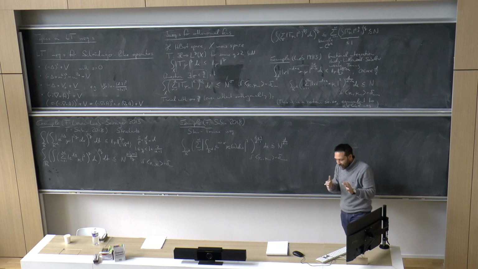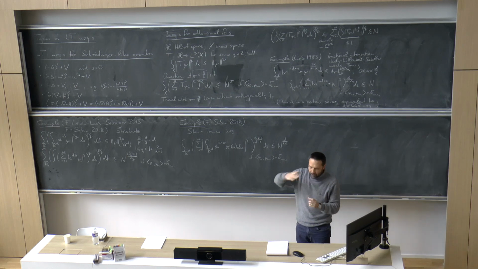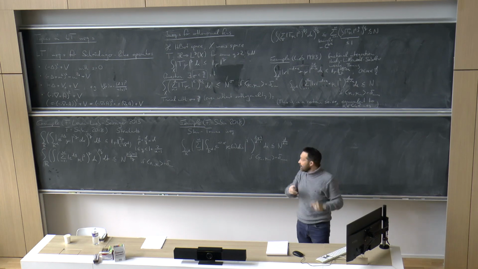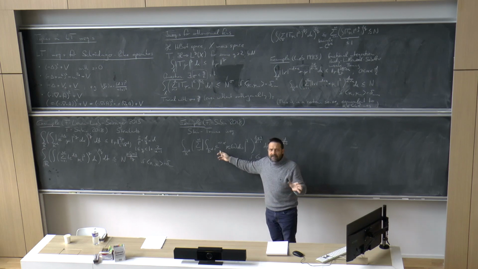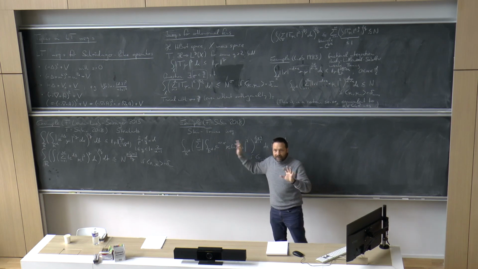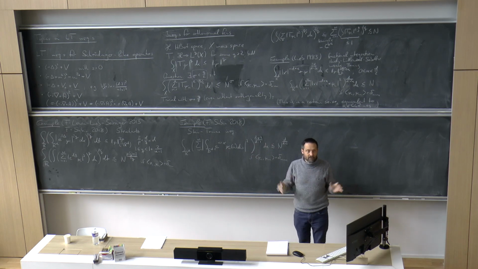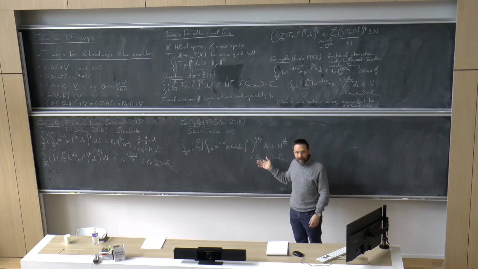And if you think about how the resolvent blows up at a positive energy, you see that this operator is sort of the leading singularity. And so if you can control this, then you get Lieb-Thirring-like bounds for eigenvalues of Schrödinger operators with complex potentials.